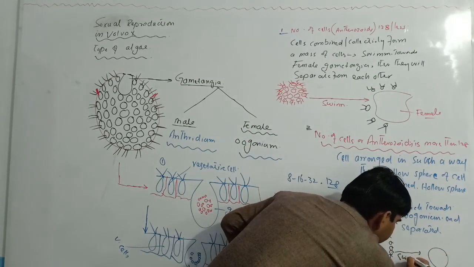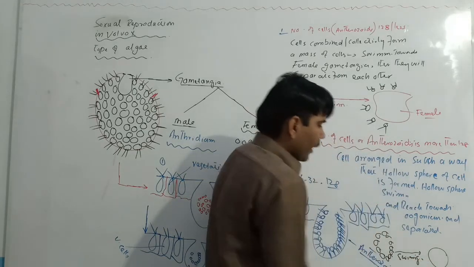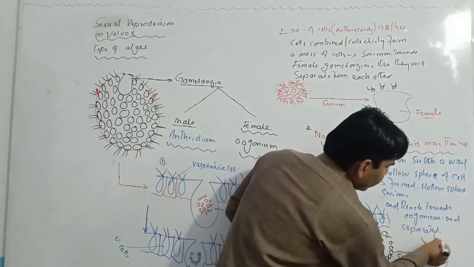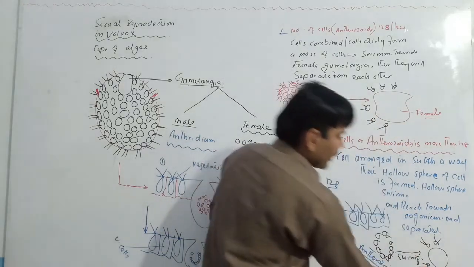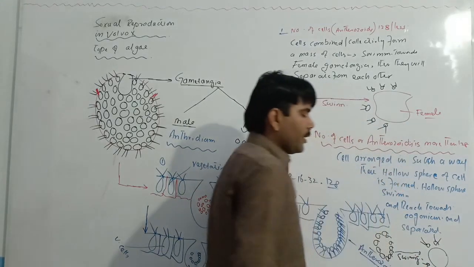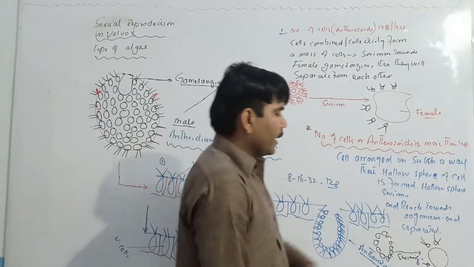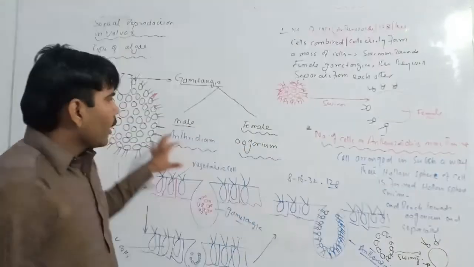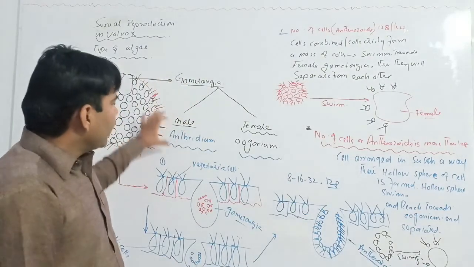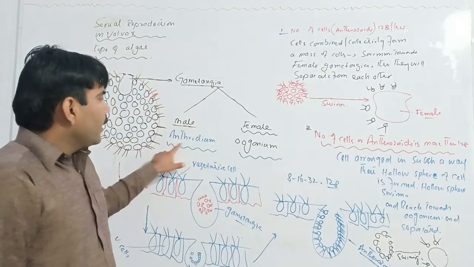This is the process of swimming. When they reach here, similarly, they will separate from each other and try to fertilize the female part, which is known as oogonium. So this was all about the male Gametangia and Antheridium.